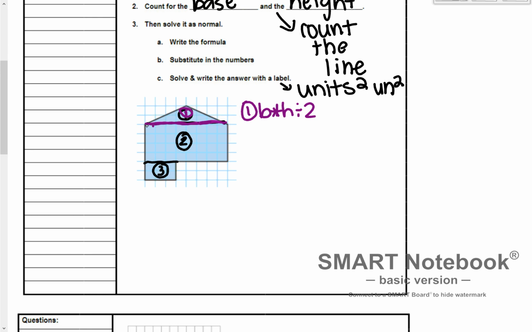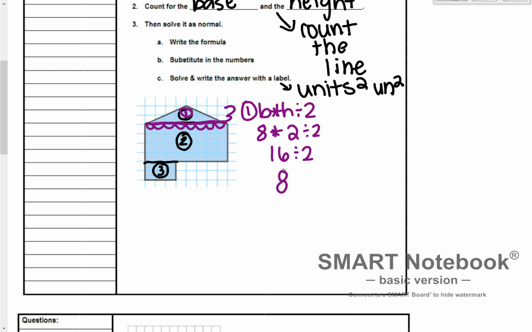That's going to be 1, 2, 3, 4, 5, 6, 7, 8. Times my height of that triangle is going to go straight up to the top, 1, 2. And then divide that by 2. 8 times 2 is 16.